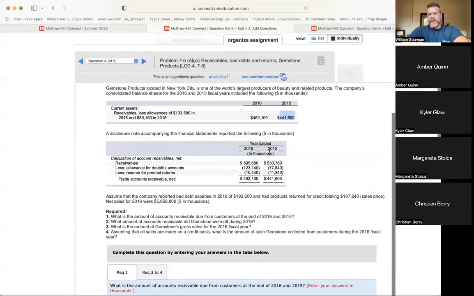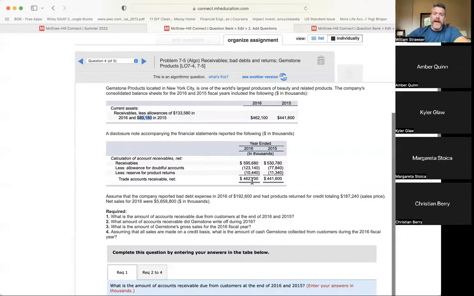That's a way of helping us realize that this is a balance sheet with net realizable value. If you add 77,840 and 11,340, you come up with the total allowance subtracted per the balance sheet's verbiage, $89,180. Being able to reconcile that information is important for your total understanding of what's going on.